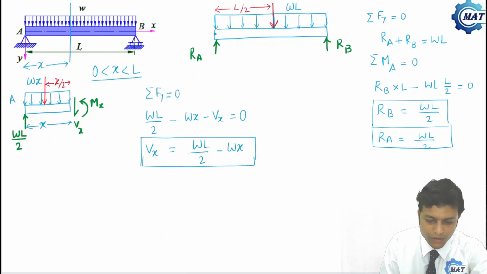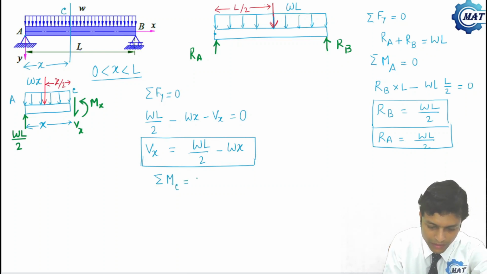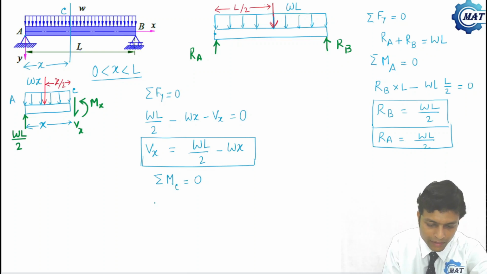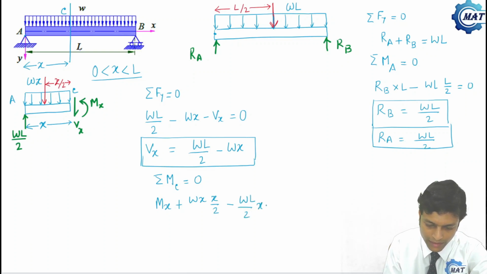Now, if we want to calculate Mx, then what we will take? That is summation of M. If this point is C, that is moment about C is 0. If moment about C is 0, then what we will get? That is Mx plus this force is w into x, and the distance of wx from C is x by 2, minus this is wL by 2 and the distance is x, is 0.